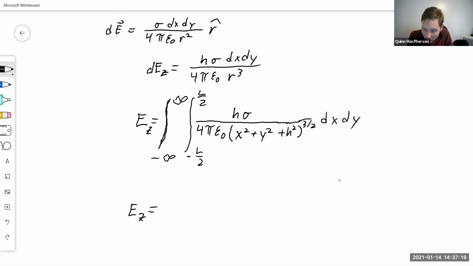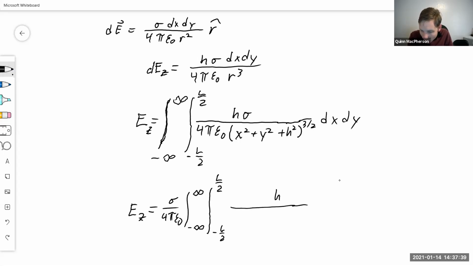So Ez is equal to sigma over 4 pi epsilon naught, integral from minus infinity to infinity, integral from minus L over 2 to L over 2 of h over x squared plus y squared plus h squared to the 3 halves dx dy.